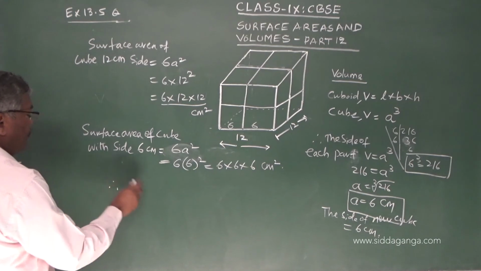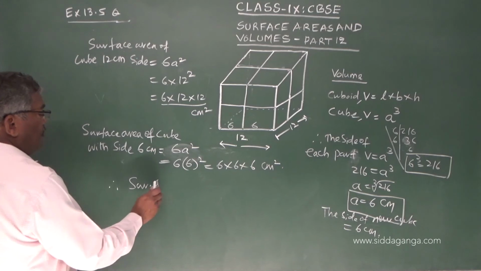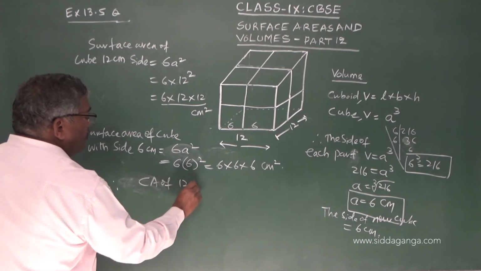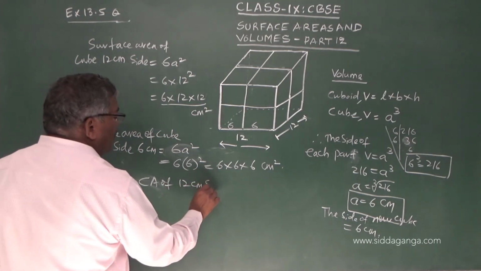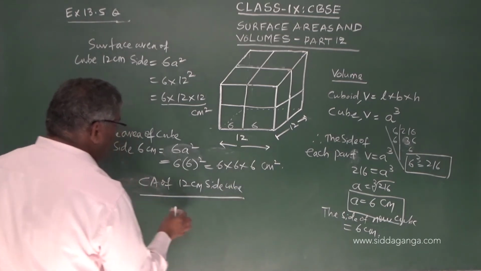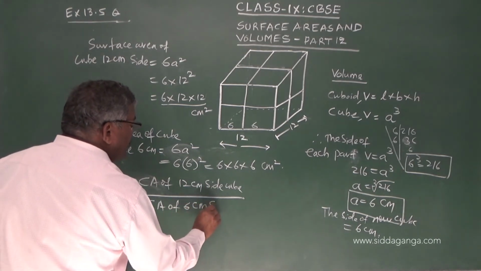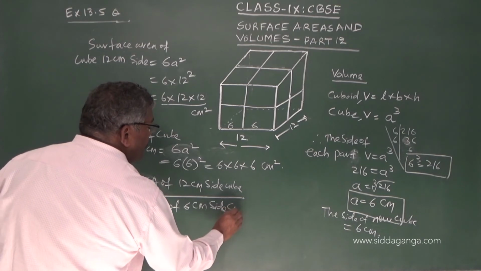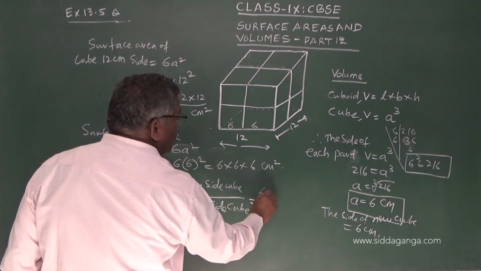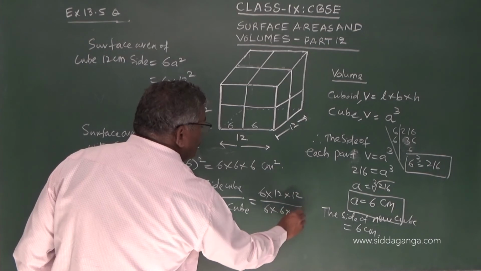Therefore, I will write in short, surface area of 12 centimeter side cube divided by surface area of 6 centimeter side cube equals 6 into 12 into 12 divided by 6 into 6 into 6.